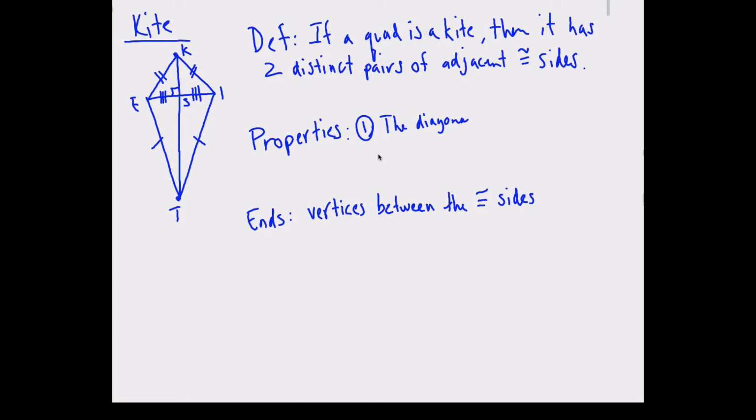The diagonal connecting the ends is not only a bisector, it's a perpendicular bisector of the other diagonal, which you can clearly read there. Good.